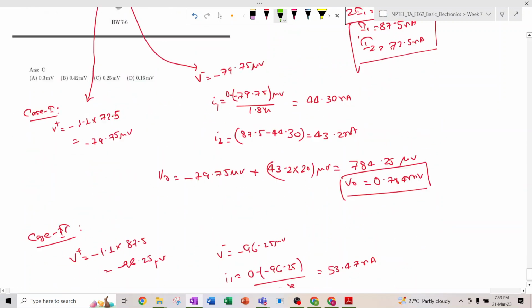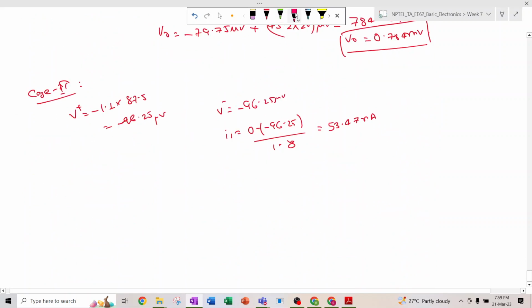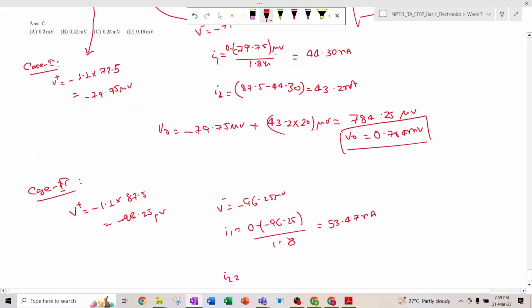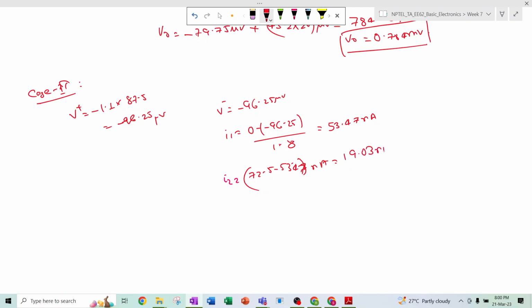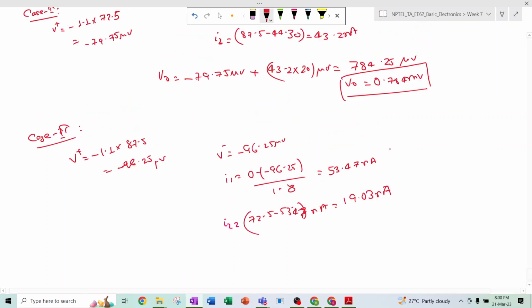So the rest of the current I2 will be 72.5 minus 53.47 nanoampere. 72.5 minus 53.47, so it is 19.03 nanoampere, right?